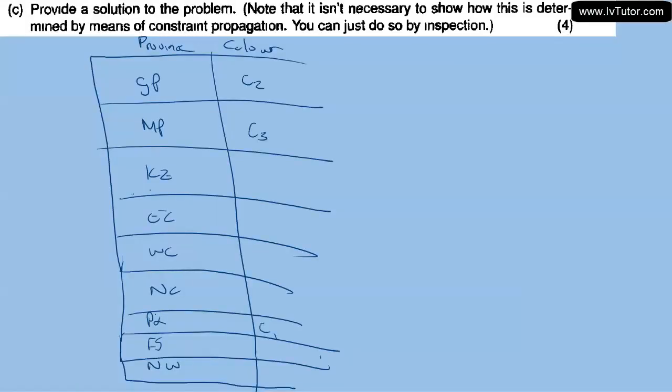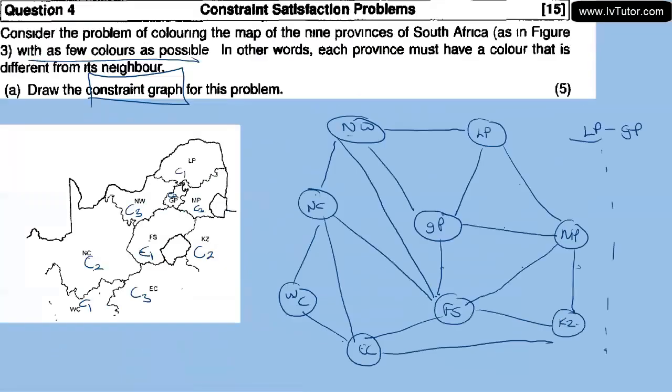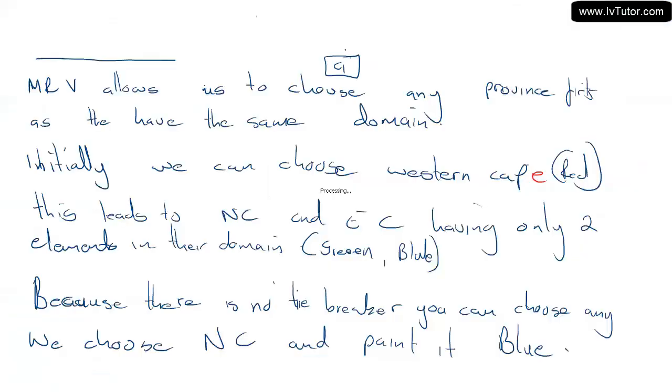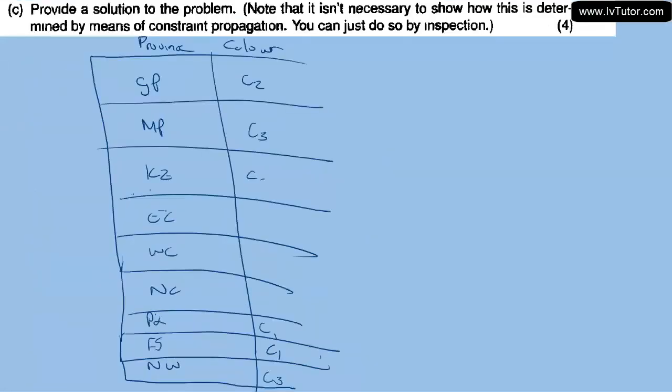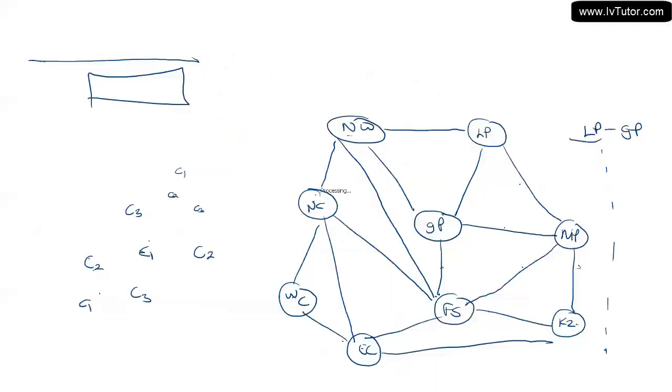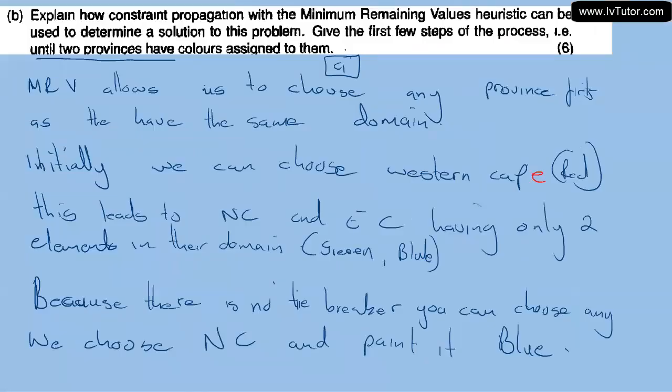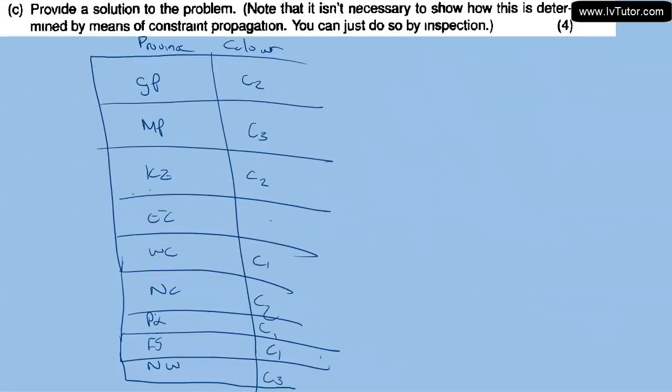Then Western Cape is 1. KZN is 2. Northern Cape is 2 as well. And Eastern Cape is 3. So this will be the allocation.